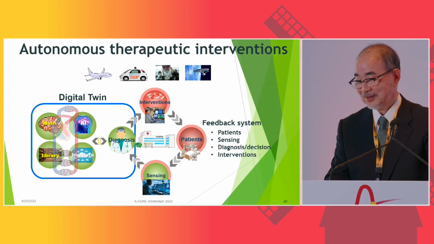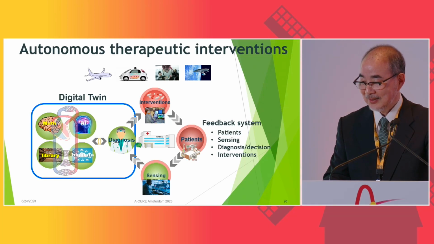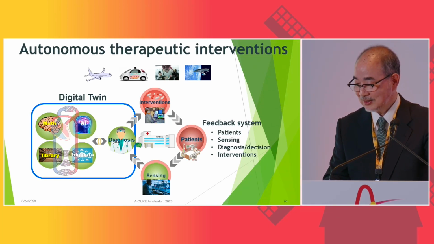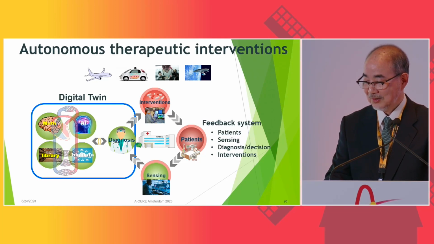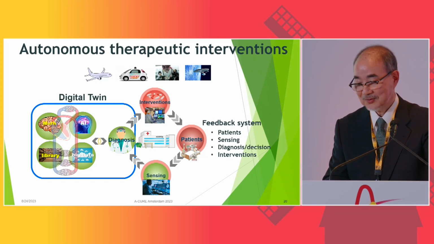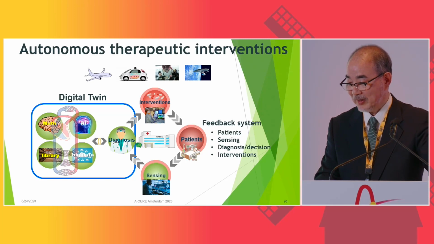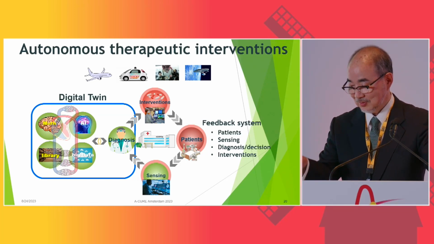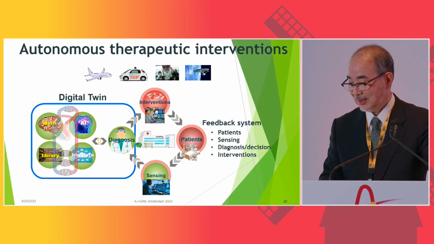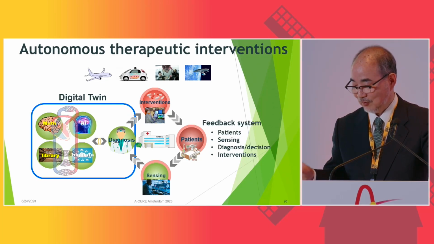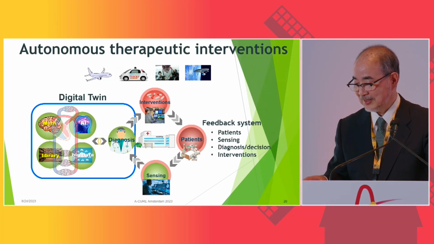So if you think of our medical system or treatment system, it is composed of a very nice feedback system. So if we have a good digital twin in the blue square, and we get information from the patient using sensors, then we feed that signal into the digital twin.